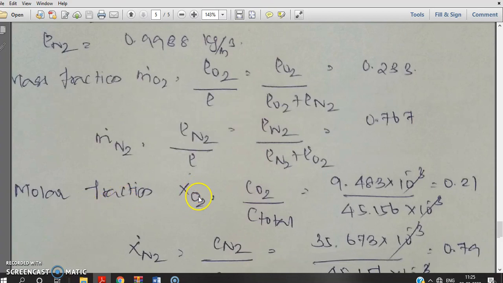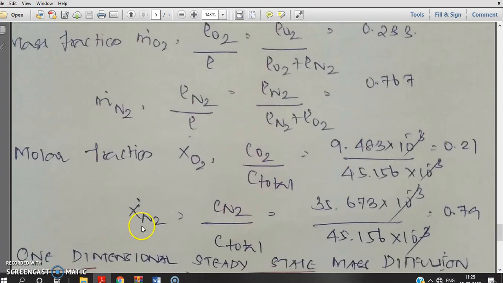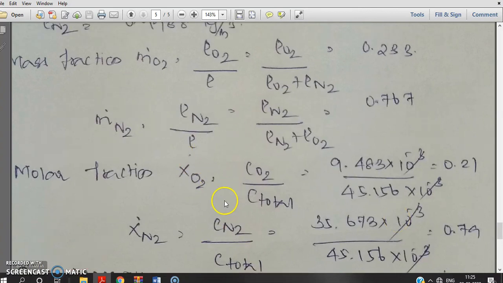Then the molar fraction X of oxygen equals C of oxygen divided by C total, and comes around 0.21. Then the molar fraction of nitrogen, C of nitrogen divided by C total, comes around 0.79. So from this we can clearly identify that the molar fraction of oxygen is 0.21 and the molar fraction of nitrogen is 0.79.